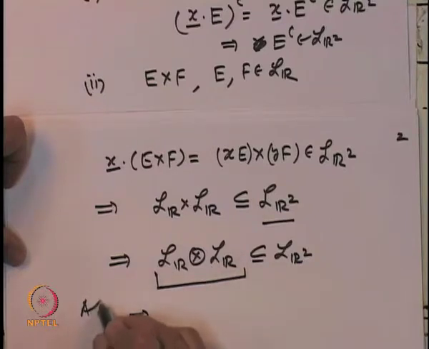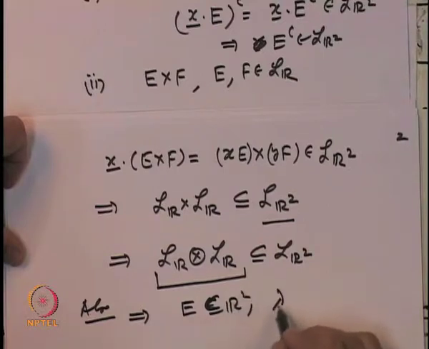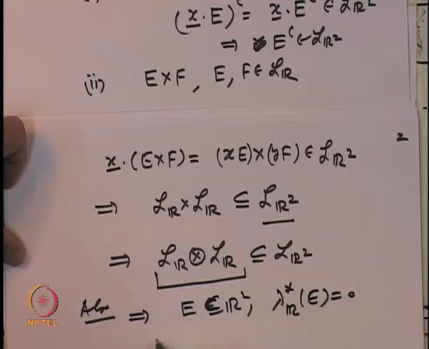So, also if E is a subset of R 2 and lambda star R 2 of E is 0, then it is easy to check, I leave it as an exercise, that x dot E is again a null set, so lambda outer measure of that is again 0.